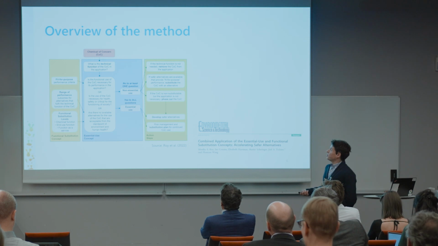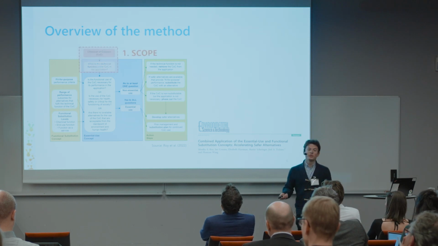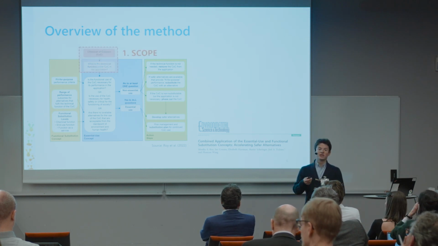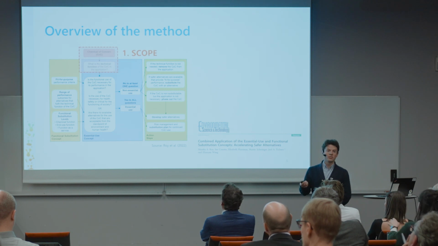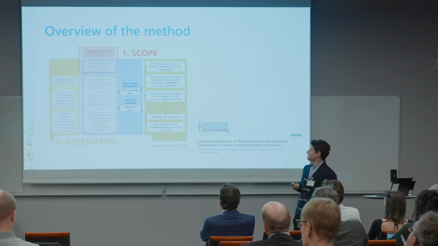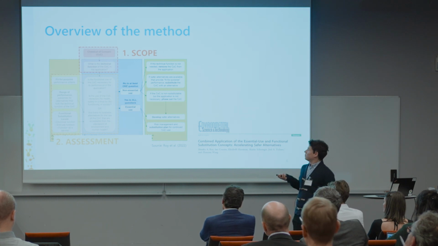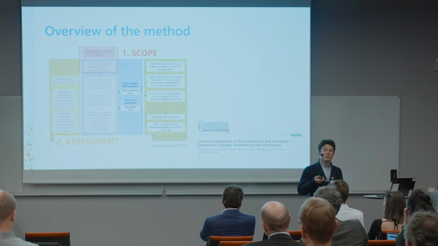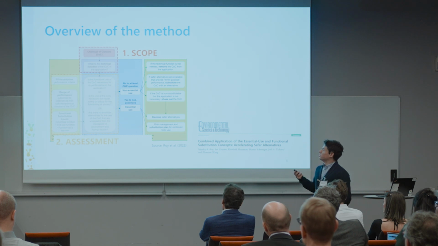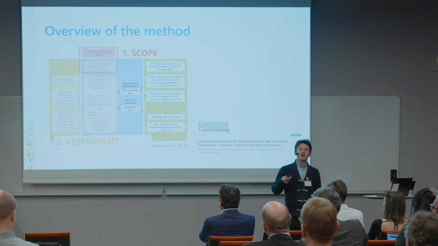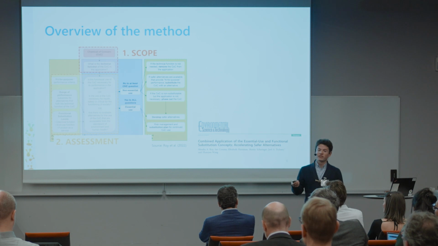There are three main steps. The first one is to scope the assessment, in other words, identifying the chemical of concern and its technical function. Then the assessment itself, where we have to answer three main questions. First, is the function really needed for the performance of the product? Then, is the use of the chemical of concern necessary for health, safety, and functioning of society?